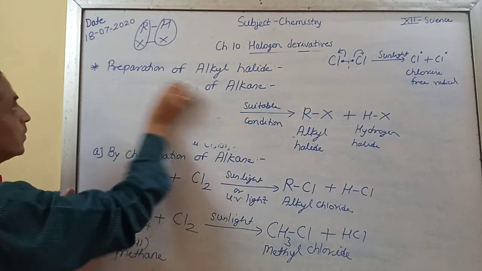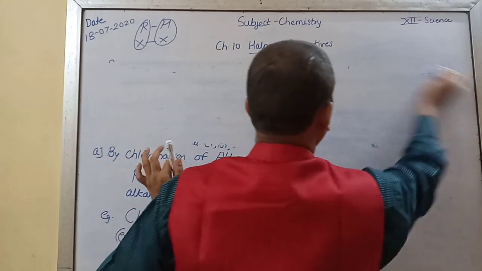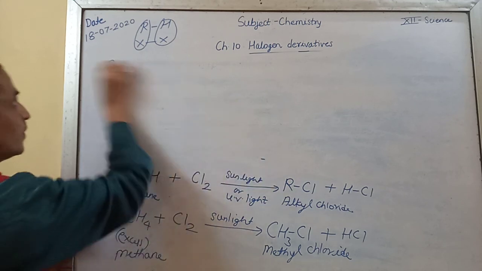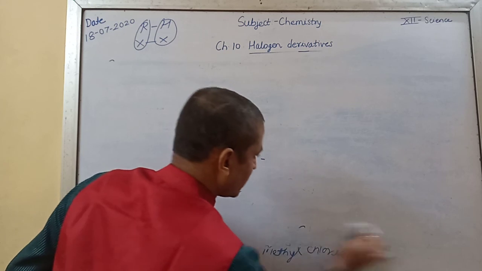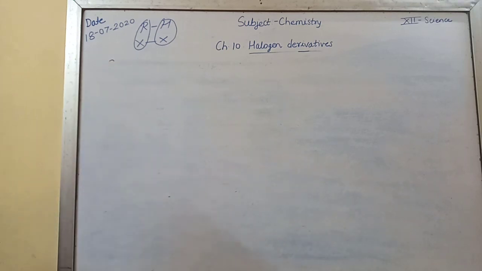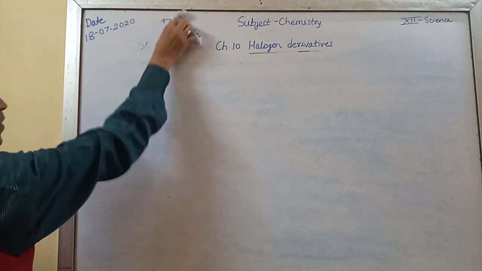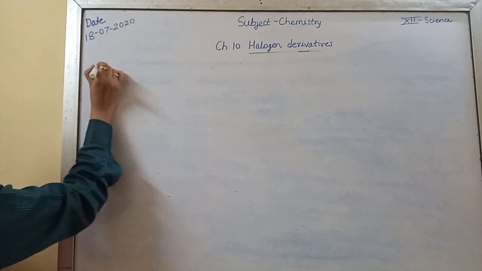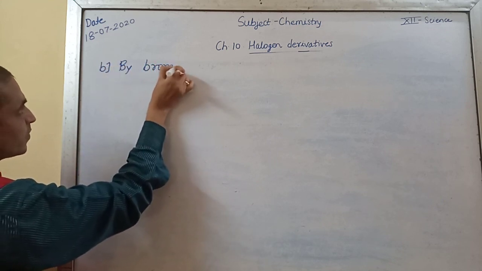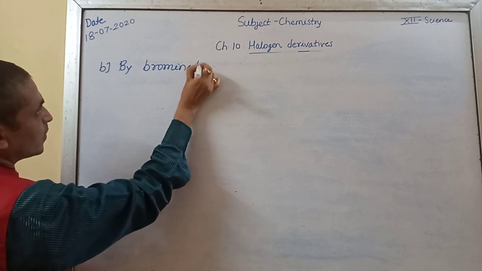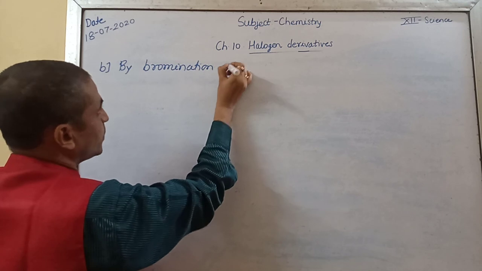Now proceed to the second method, the second part, that is bromination. Bromination of alkane. Bromination means substitution of bromine in place of hydrogen.